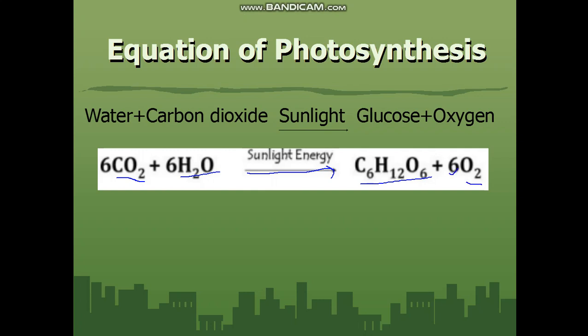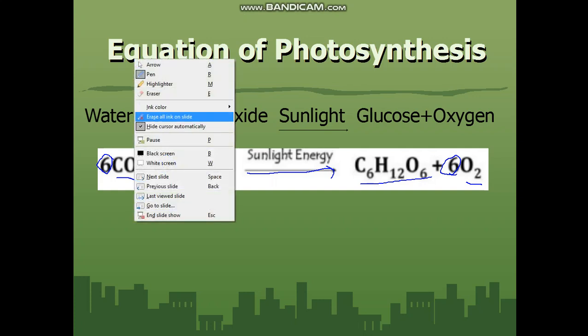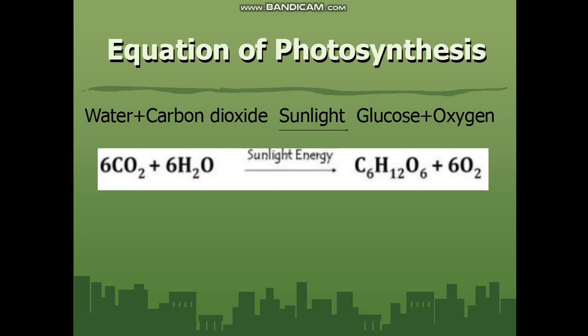Now why is this 6 here, here and here? This is just to balance the equation. CO2 is carbon dioxide, H2O is water, and C6H12O6 is glucose, or we can say starch or sugar, and O2 is oxygen.